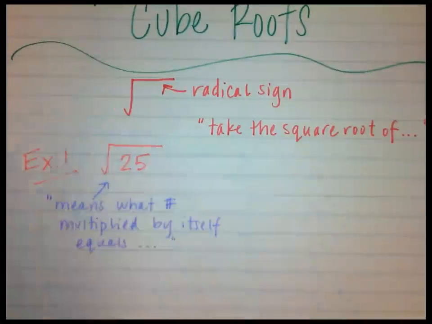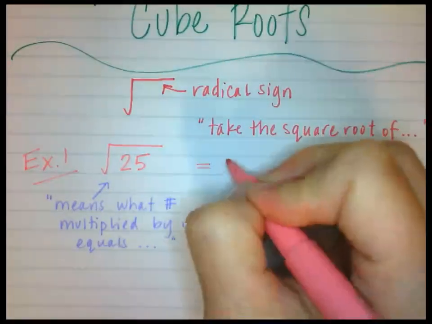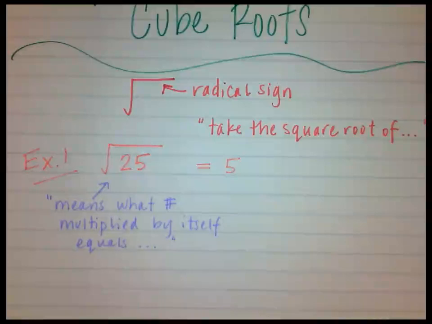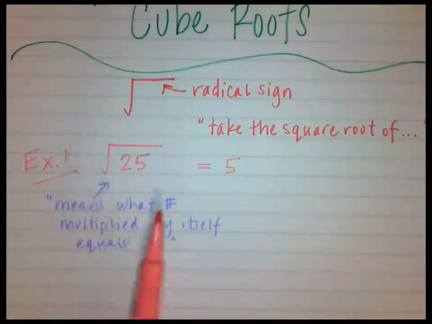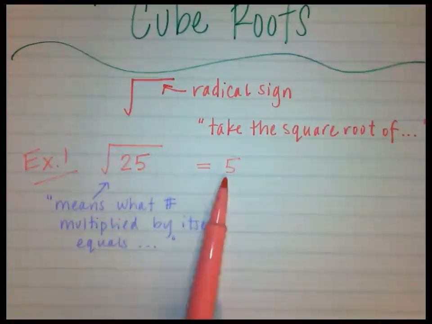That's what a square root means. I'm sure you know that if we multiply 5 by itself, we will get 25. So, what number multiplied by itself equals 25? Well, that's 5.